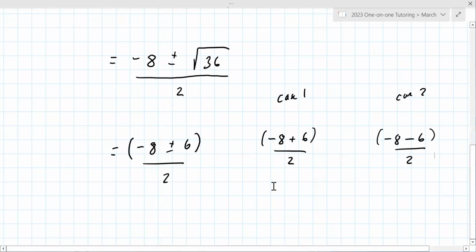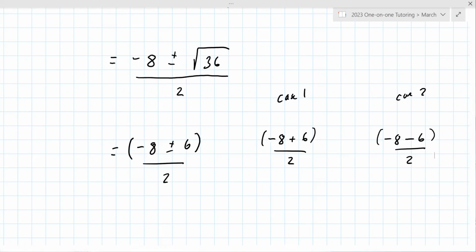So can you give me the final answers here whenever you're ready? Yeah. Case 1 equals 1, case 2 equals 7. Okay, I think we got some sign errors here. So -8 plus 6. Oh, wait, yeah. Case 1 equals -1. Good.